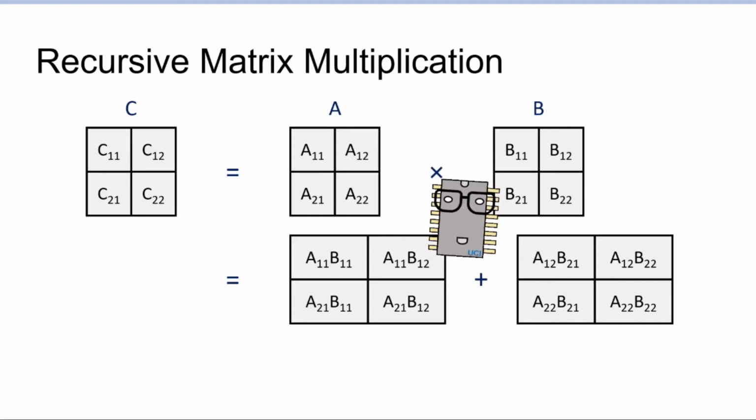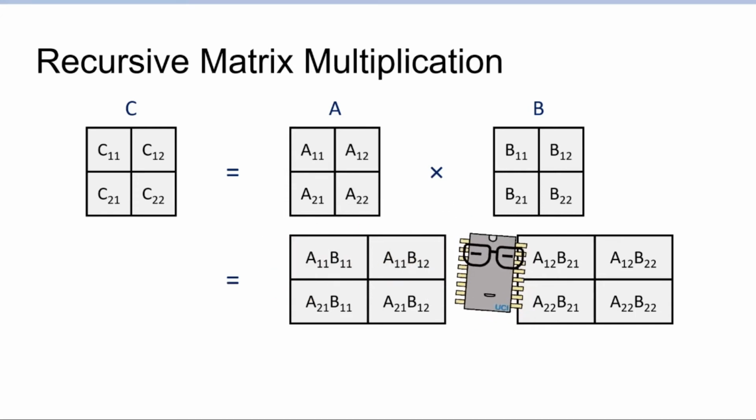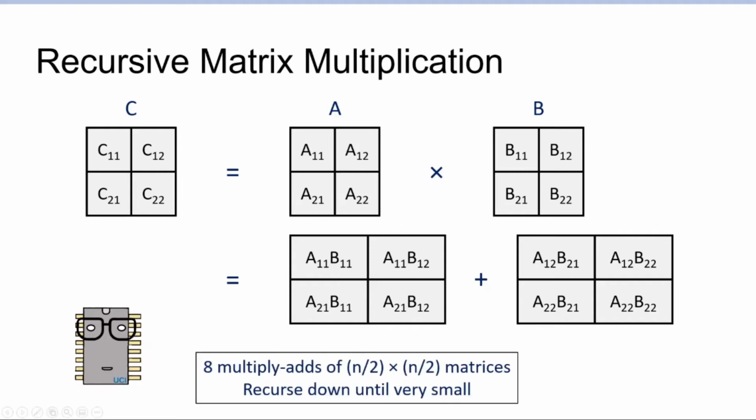This is pretty much what you expect from regular matrix multiplication. So here you see the sum A11 B11 plus A12 B21, and the same for all 4 other slots. And yes, matrix multiplication can be expressed in this form with 8 multiply-additions of half-size matrices, so in terms of the number of elements, quarter-size matrices.